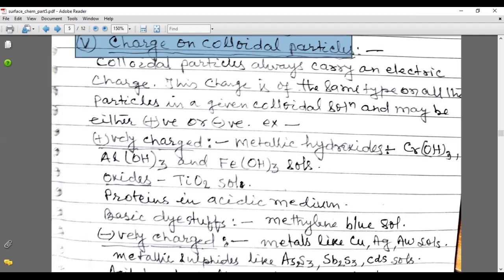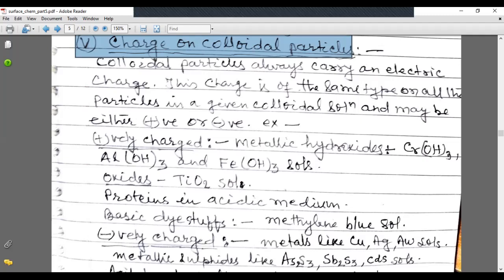Another examples are titanium oxide, proteins in acidic medium, basic dye stuffs like methylene blue solution.